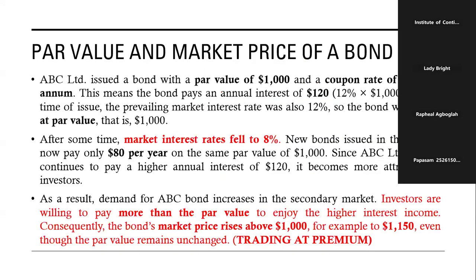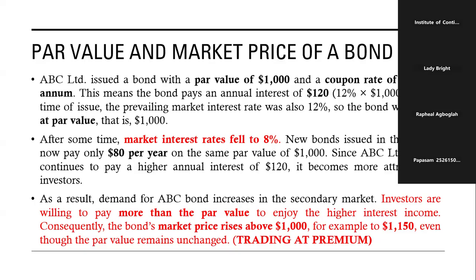Okay, let's take an example. Let's say ABC Limited issued a bond with a par value of $1,000 and a coupon rate of 12% per annum. That means that annually, people are going to earn $120 in coupons.